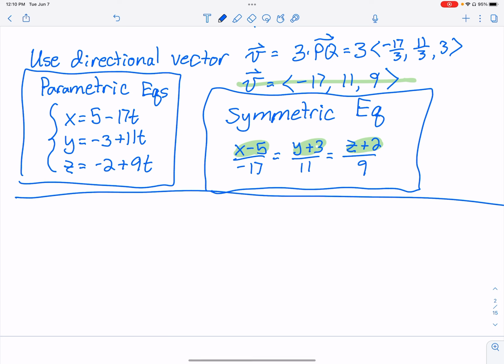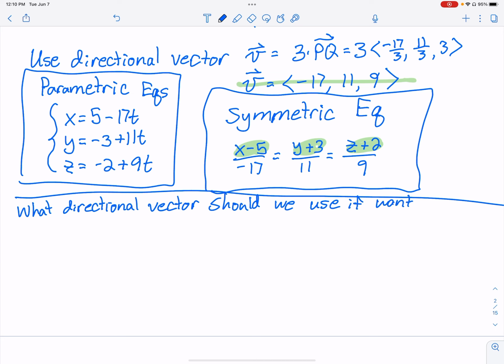I want to mention just real quick, and I'm going to write this question in. What directional vector should we use if we want our line to move along the vector 1/3, negative 3/4, and 7/2?